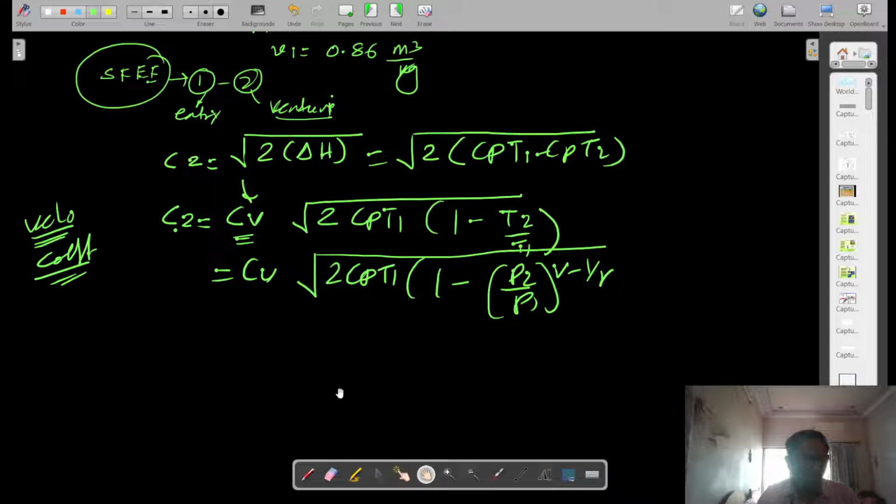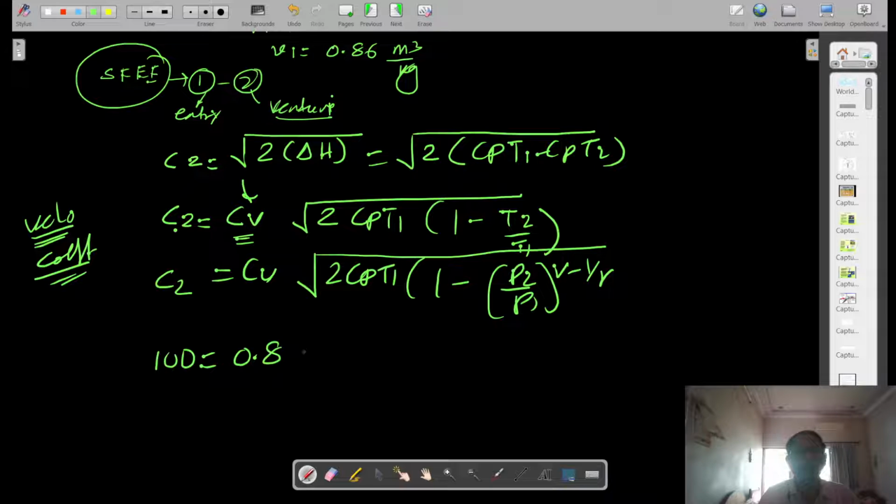So now I can put up the different values over here, because I have got values. I need to find P2, that is P1 by P2. So I'll find first of all P2 by P1, then P1 by P2. C2 value is already given, 100.